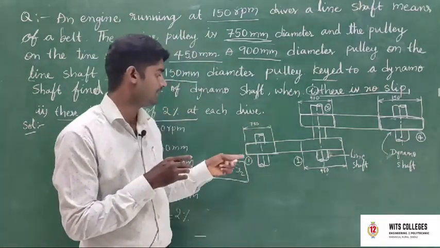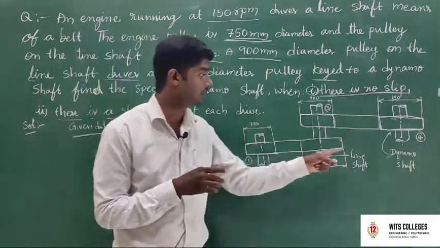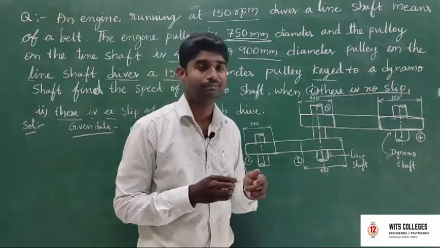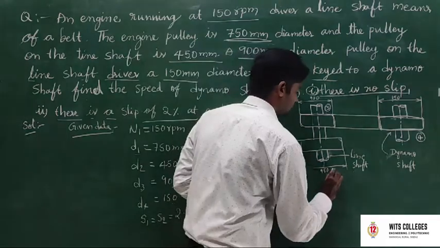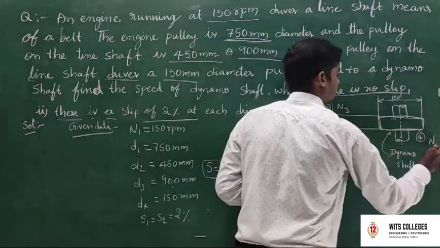We know the first pulley speed is 150. Find out the last, the dynamo shaft speed. The pulley speeds are N1, N2, N3, and this one is N4.